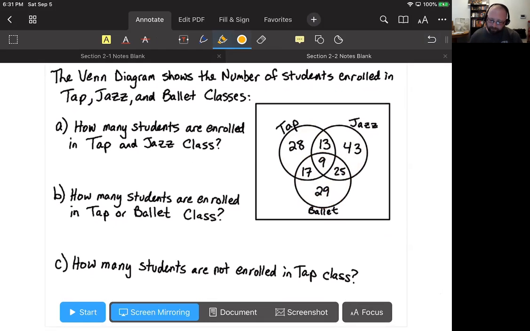Okay. So our first question says, how many students are enrolled in tap and, the key word, jazz. Remember that tap and jazz would only be the people that are in both circles. That would be that area right there, which would be 13 plus 9, or 22 students.